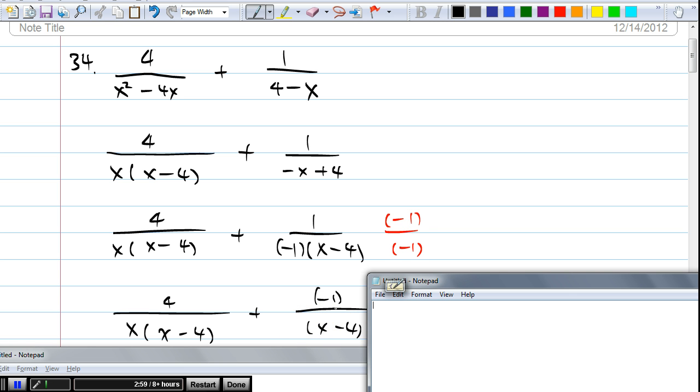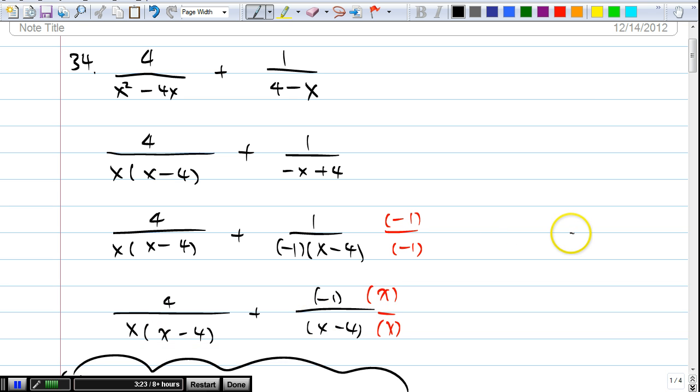Factors are what's multiplying. x is a factor. What else is a factor? x minus 4, the whole thing. Is -4 a factor? No, -4 is subtracting from x. It's not multiplying something, is it? Yeah, the whole thing in the parentheses, x minus 4, is a factor.